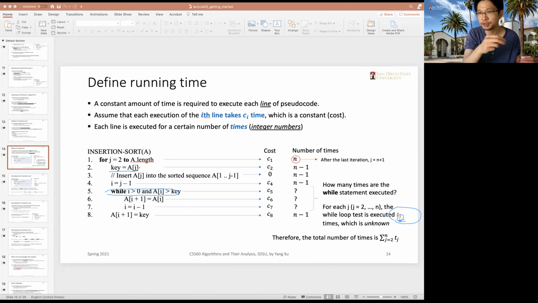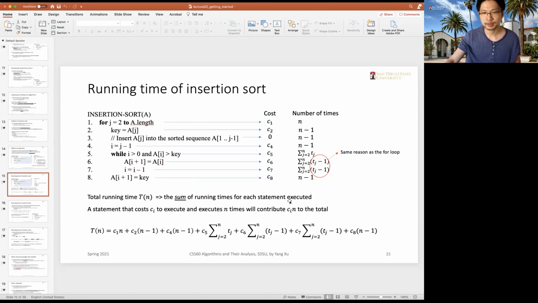So this is quite a random process, and Tj is something we don't know. We can simply use such a notation so that we can carry out the analysis. After we denote this Tj, we're able to express the summation using these complex mathematical expressions.